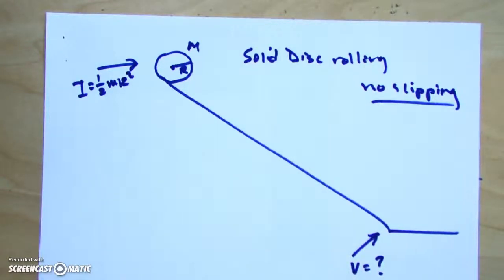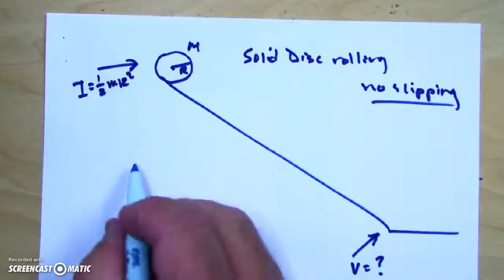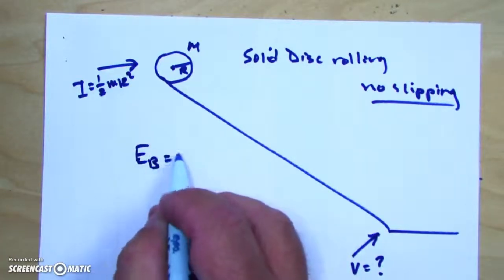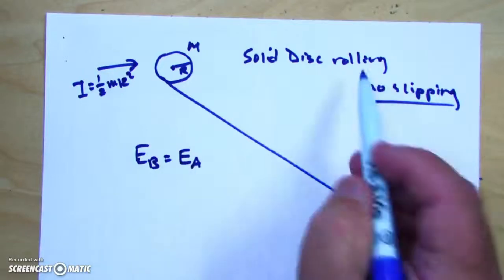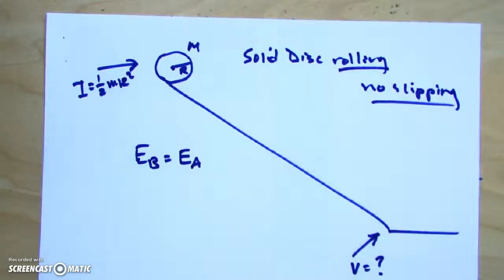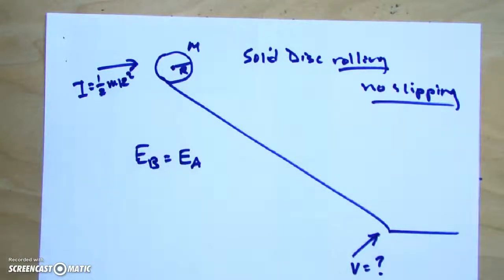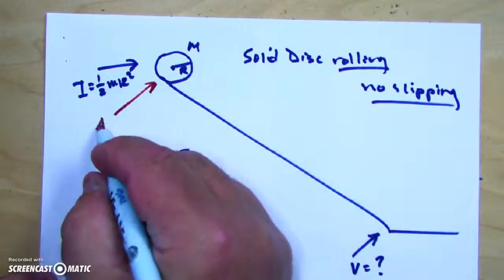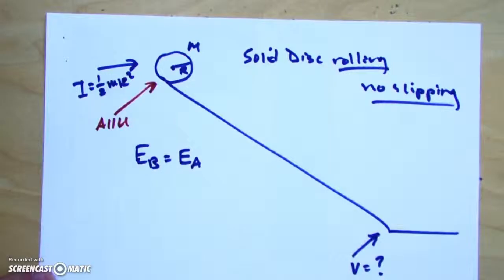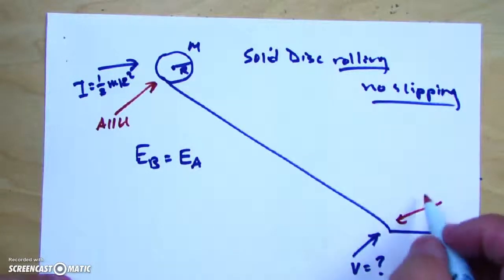Now, pretty straightforward in the fact that we're going to use energy before equals energy after, except now it's rolling, so we have an extra component that comes in there. Up here we know it's all potential energy, it's all U. Down here I now have two different types of energy.